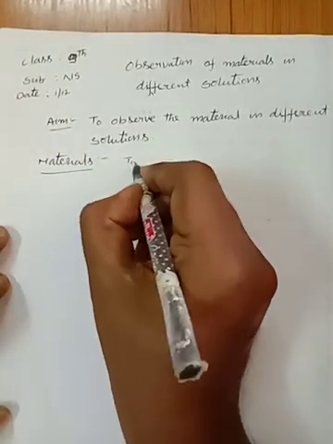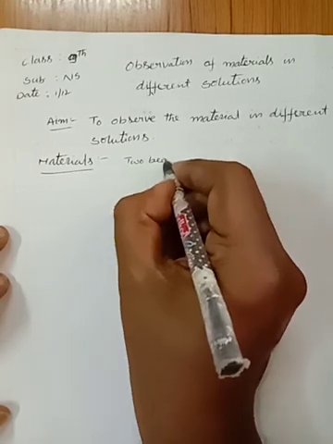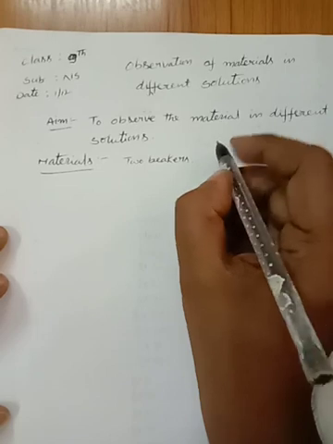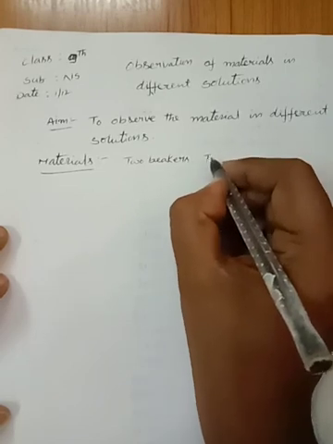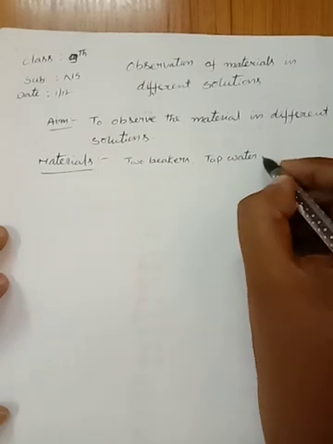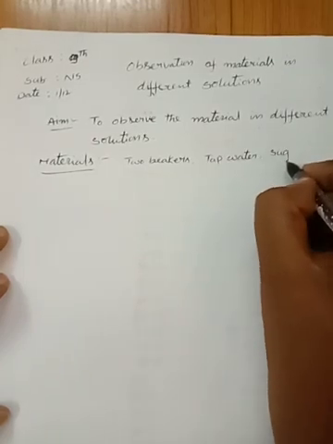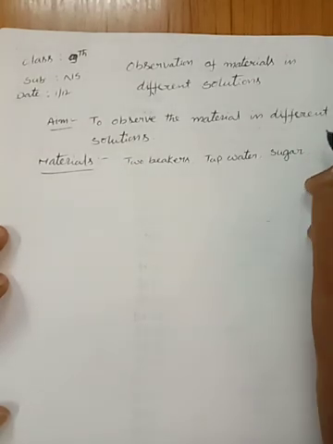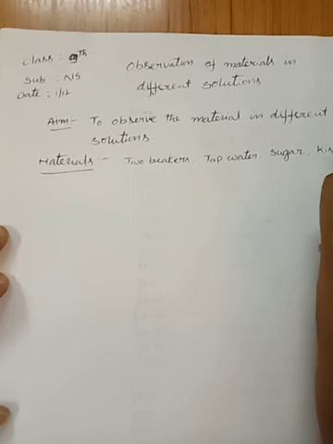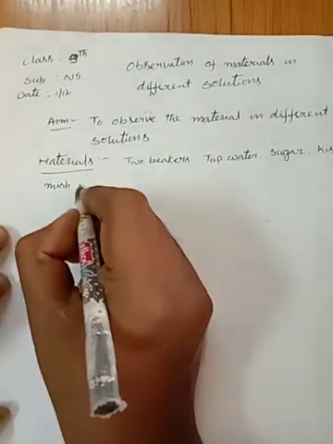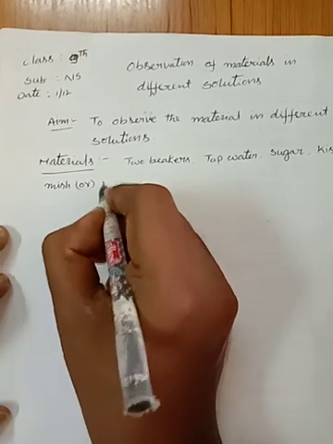Two beakers, tap water, sugar, kismis or raisin.